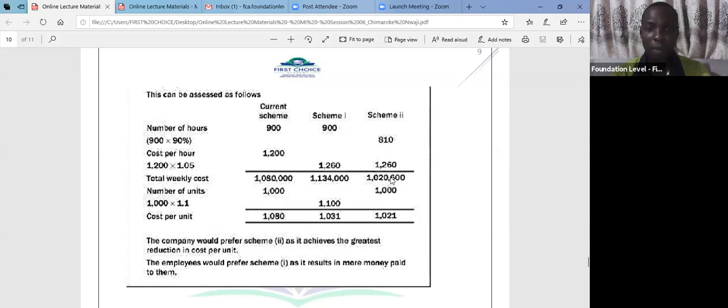So you see the problem of using time rate. By doing it in fewer hours, they are supposed to be paid this, but they are paid less. So the employee would rather spend the same 900 hours, but produce more units.